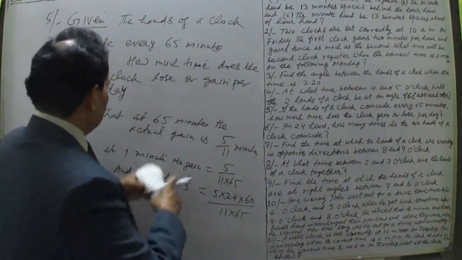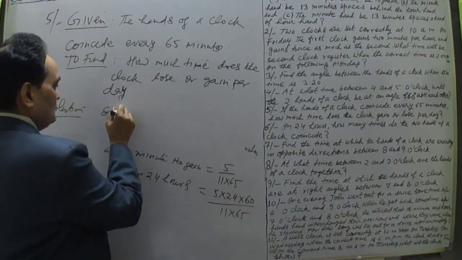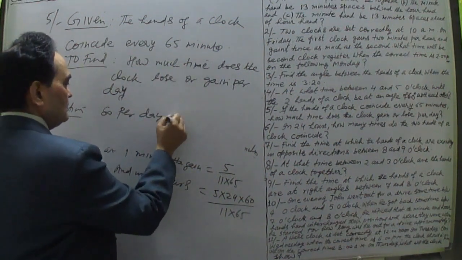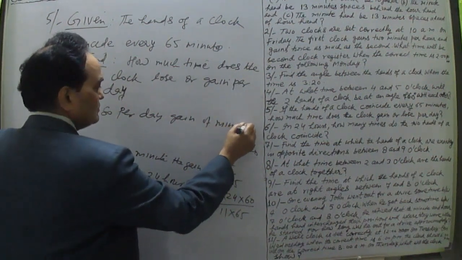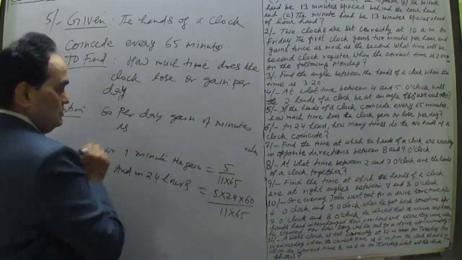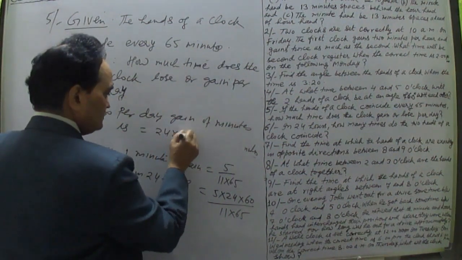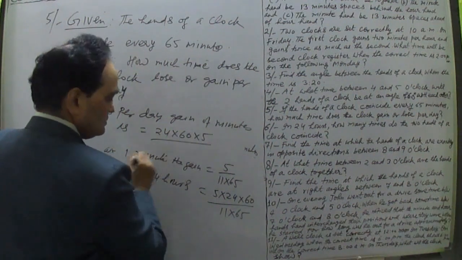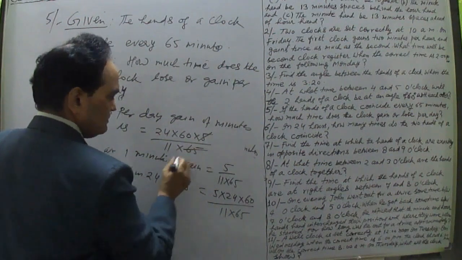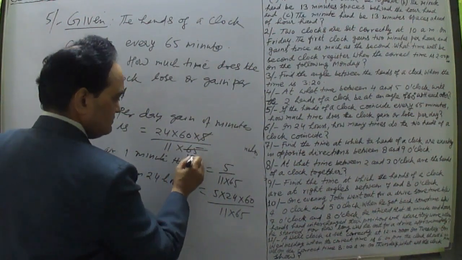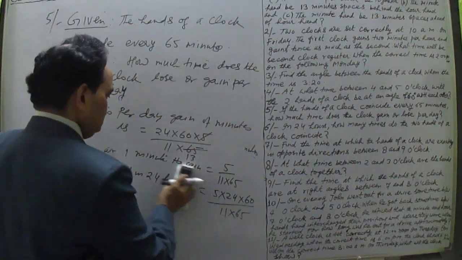Now let me solve it here. So per day, gain of minutes is equal to 24 into 60 into 5 upon 11 into 65. Divided by 5, 1 is 5, and 5 threes are 15, 13 times. Okay, and it is not divisible now.